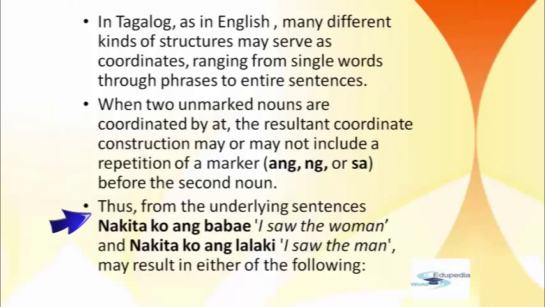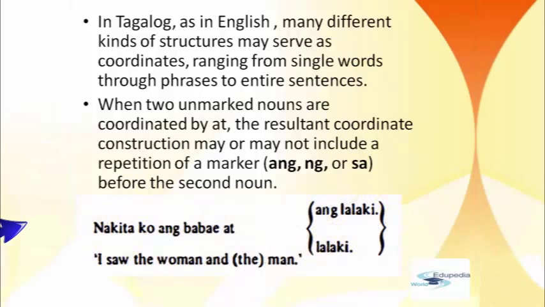Thus, from the underlying sentences, nakita ko ang babae, I saw the woman, and nakita ko ang lalaki, I saw the man, may result in either of the following. Nakita ko ang babae at ang lalaki, or nakita ko ang babae at lalaki. I saw the woman and the man.